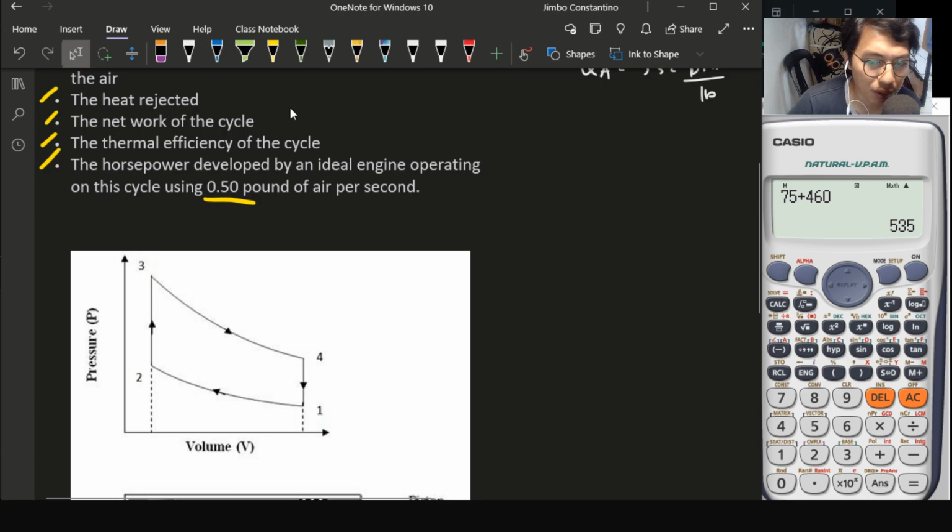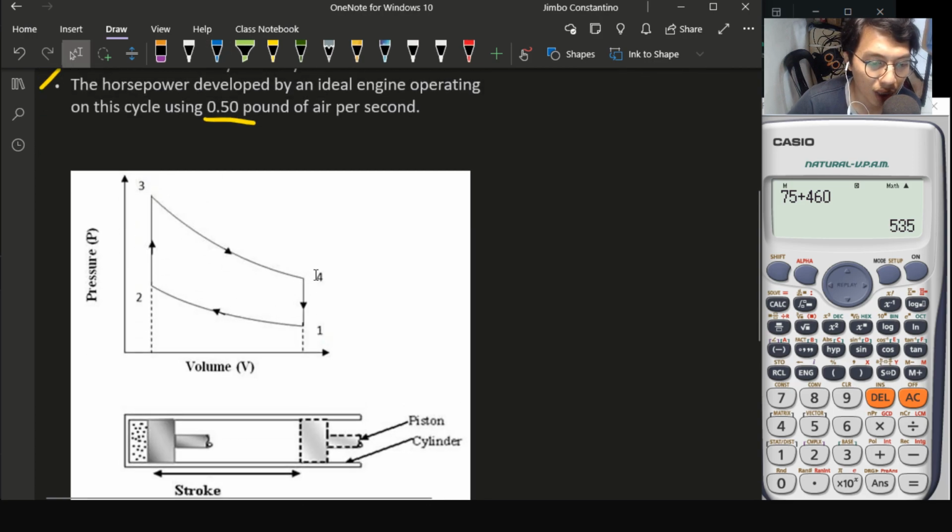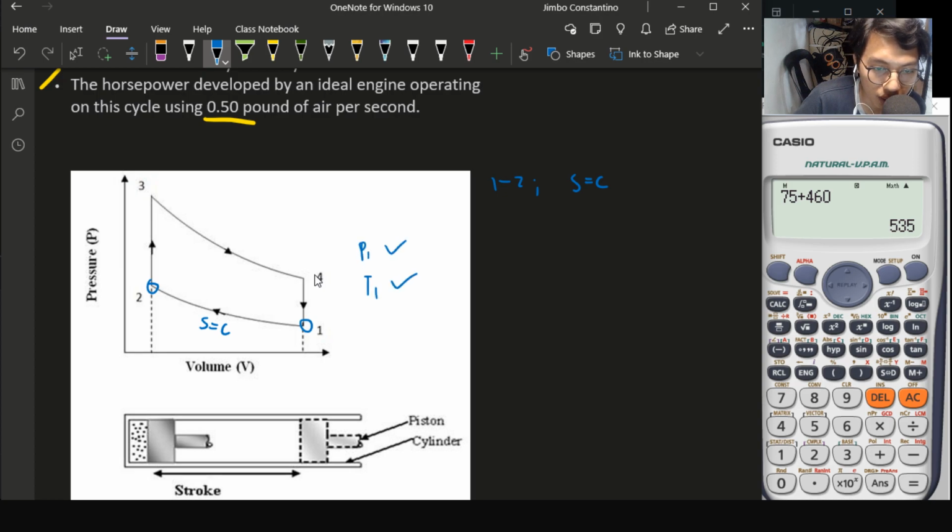So, process 1 to 2 muna. Alamin muna natin yung mga kailangan nating isolve dito. So, S is equal to C, 1 to 2. Now, meron tayong P1, check. T1, check. Meron tayong V1, check. Ang hanapin natin dito is P2, V2, tsaka T2.